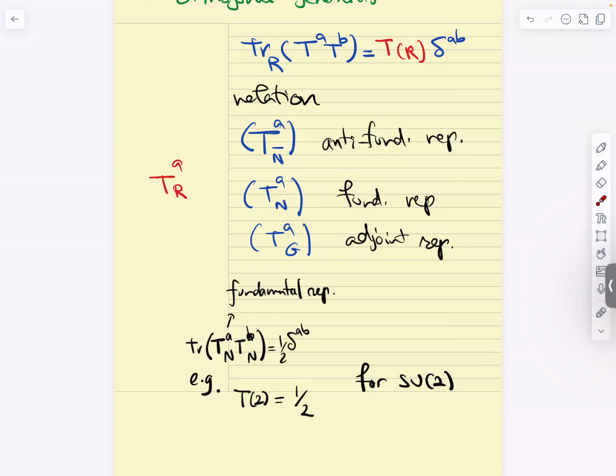Now, what are these numbers? What are the values they can take for irreps of SU2? 0, half, 1, 3/2, for SU2. And M is an integer, half integer, sorry. And it runs from minus J to J. So this irrep is 2J plus 1 dimensional, right?